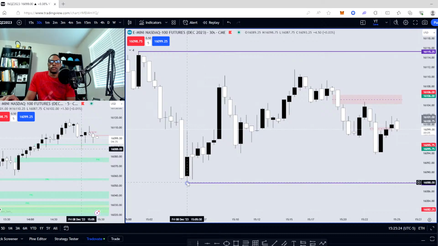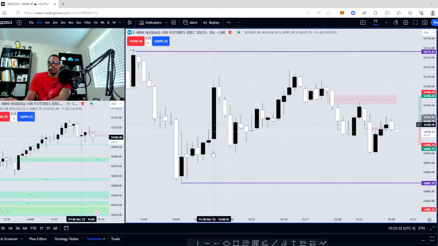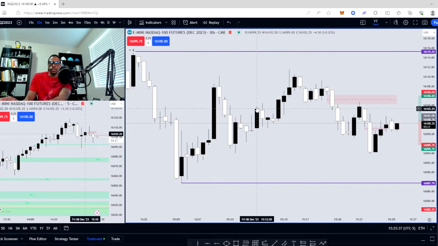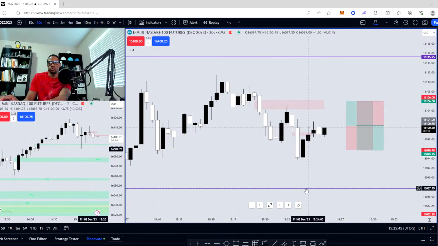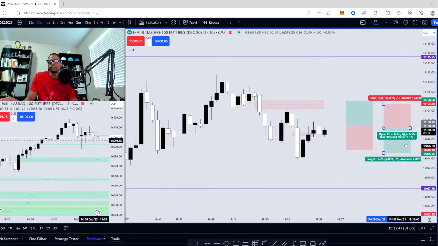Thing is, on the 30-second we had a low put in down here, and from there a high was put in. Actually, there was a high put in here, which was swept up here. But even with all the highs or lows being swept, we still need this low to be taken. So we need a new low put in before we have our next setup.